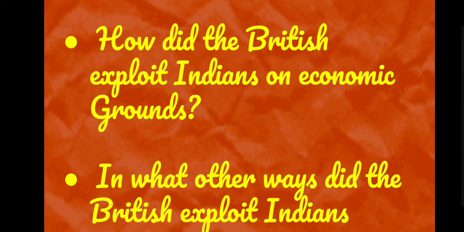In what other ways did the British exploit Indians? Other than economic exploitation, the British also showed racial bias against Indians. Indians were not given good positions in the government services, and all the high ranking positions were given to British officials. Indians were prevented from entering some public places and from traveling in the first class compartment of trains.